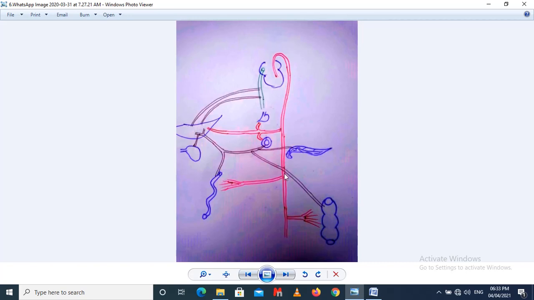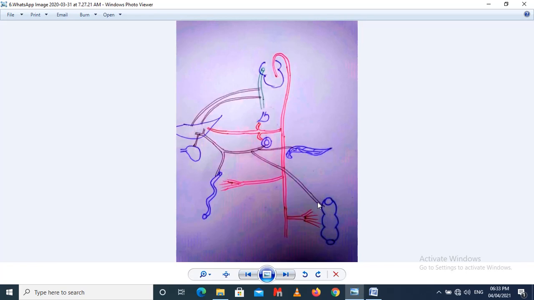Some blood vessels also give blood supply to the pancreas, and some to other organs, but I have not mentioned that. The superior mesenteric artery gives blood supply to the small intestine especially, and the inferior mesenteric artery supplies blood majorly to the large intestine.